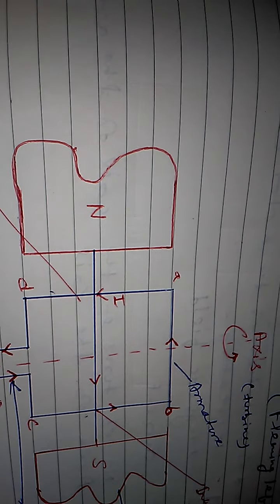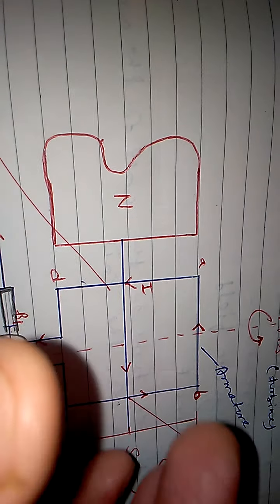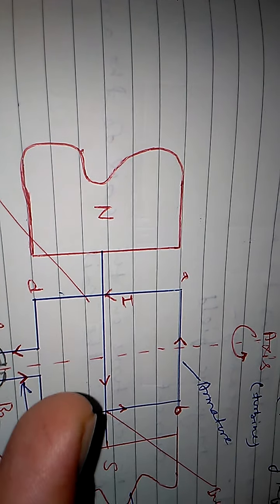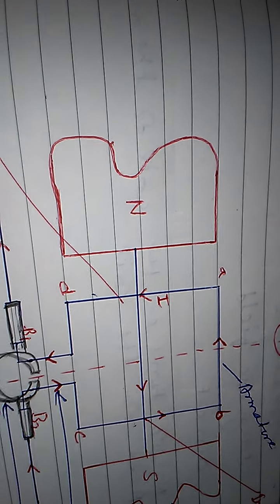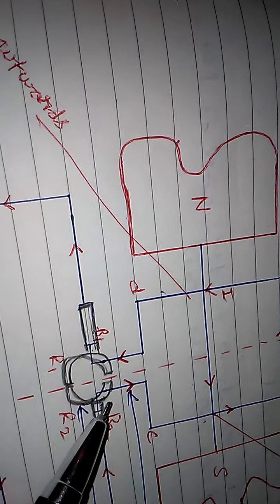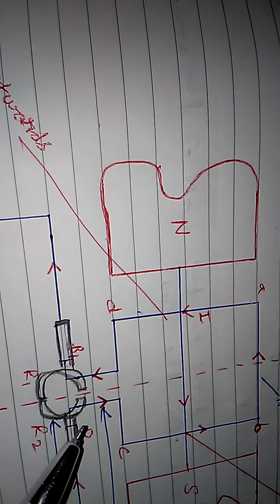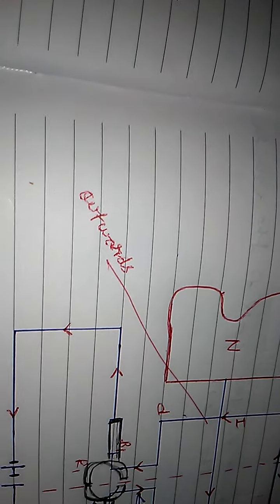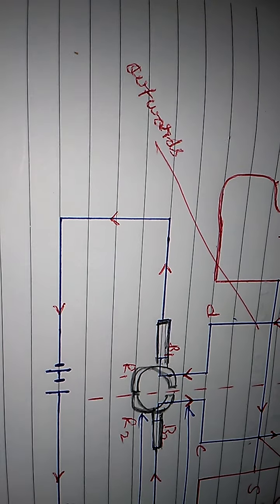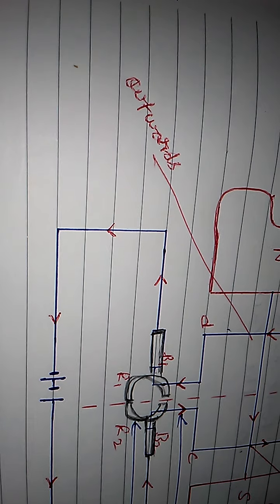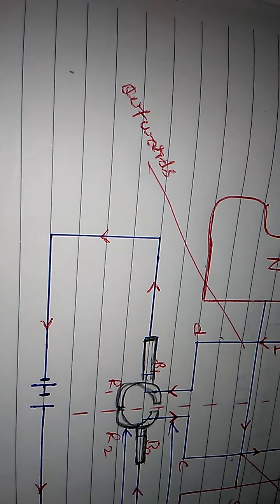It starts rotating this way, and first it rotates 180 degrees, and again it rotates another 180 degrees. When it rotates 180, at the same time this split ring also starts rotating. And the function of the split ring or commutator is what?